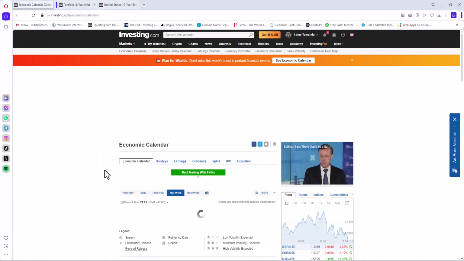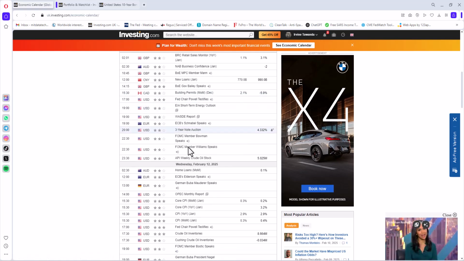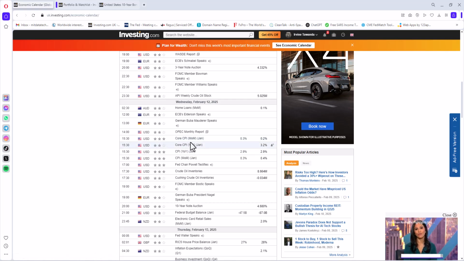we also have PPI, if I'm not mistaken. So Tuesday, we've got Powell speaking at 5 p.m. That's pretty much about it for Tuesday. And then Wednesday, that's when we have CPI. Core CPI for year-on-year focus is 2.9, meaning market is not expecting any change. That could be bearish.